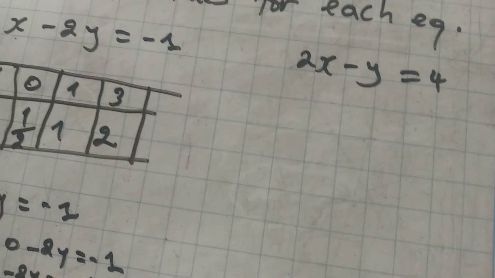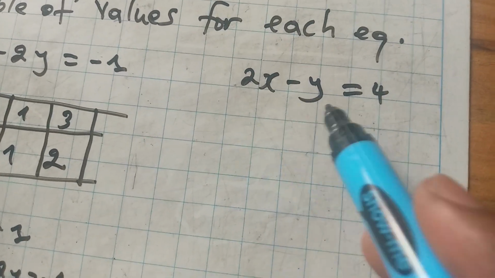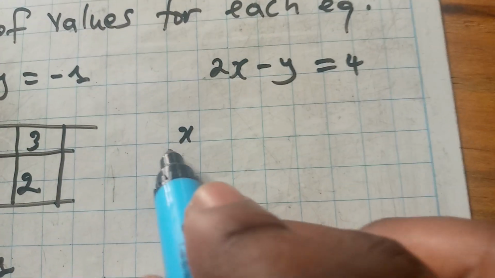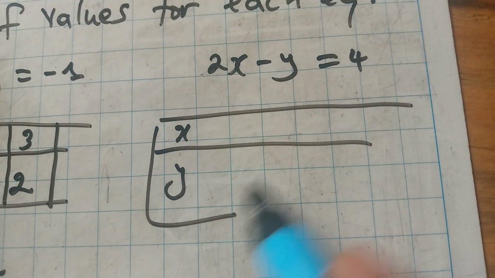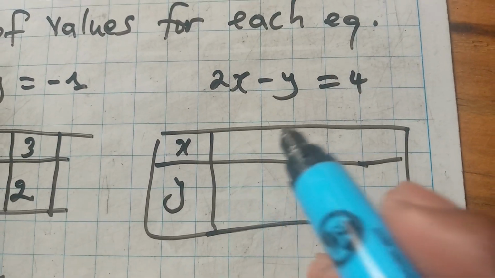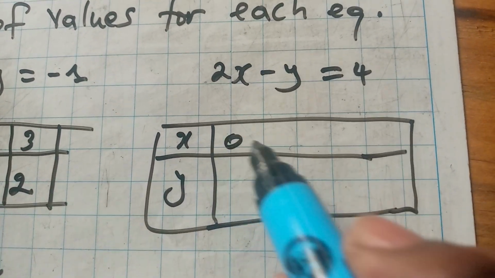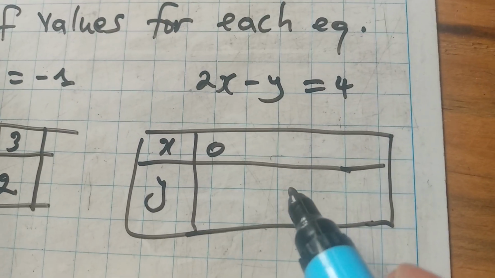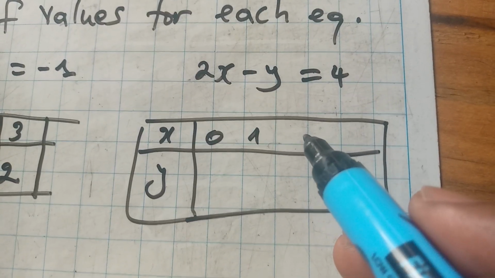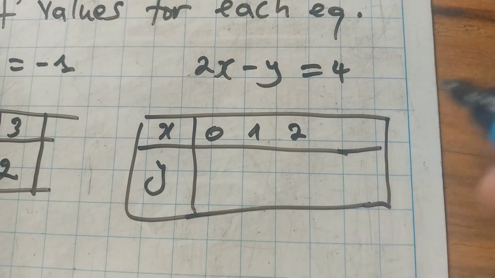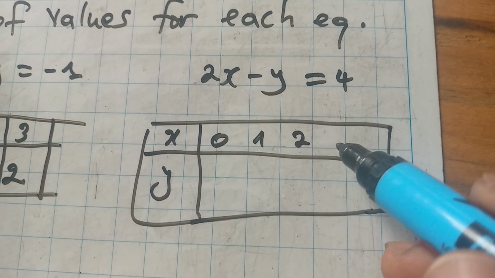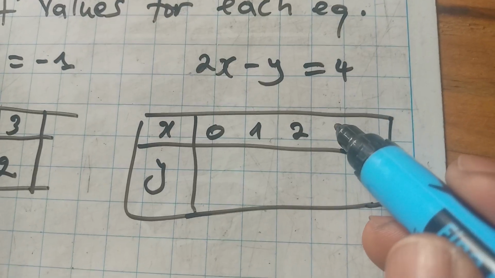Let us try the table of values for the second equation. We have x here, we have y here, right? We need to find the value for this one when x is equal to 0, when x is equal to 1, maybe x can be 2. We can even find another point when x is equal to maybe 3.